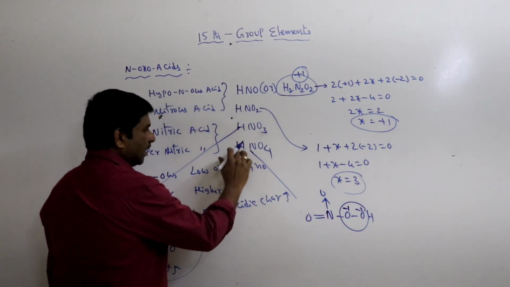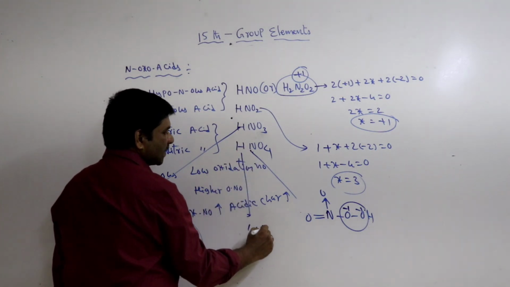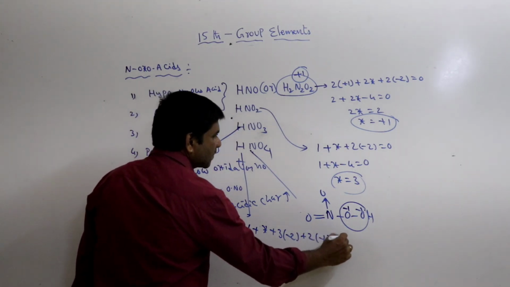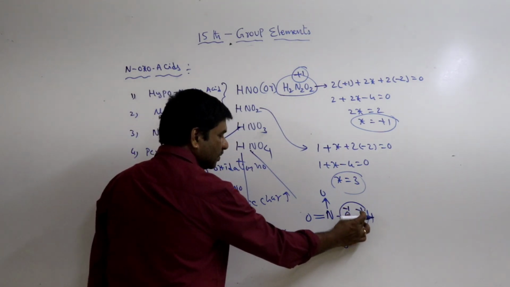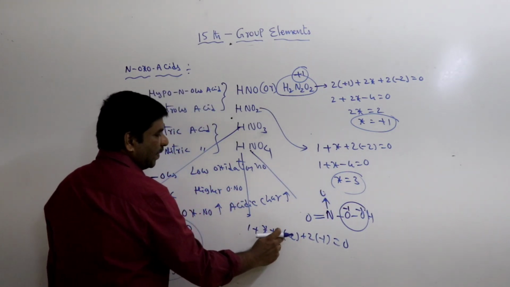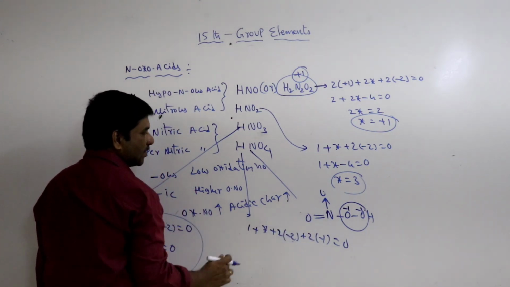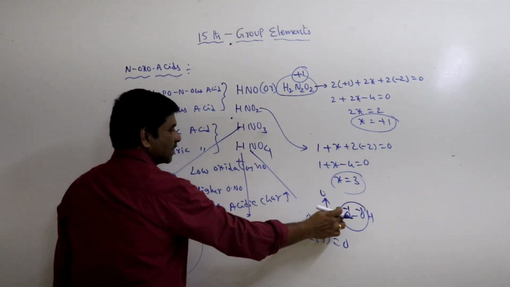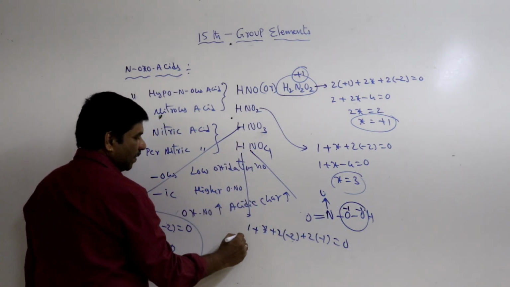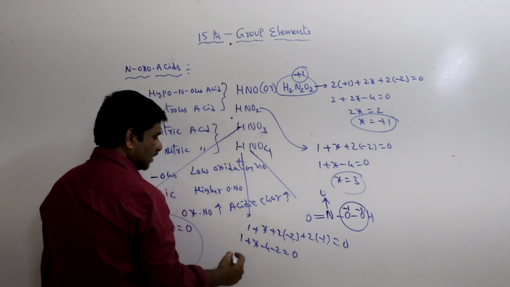Hydrogen is +1, nitrogen is x, 3 oxygens are -2 and 2 oxygens are -1, equal to 0. 1 plus x minus 4 minus 2 is equal to 0.